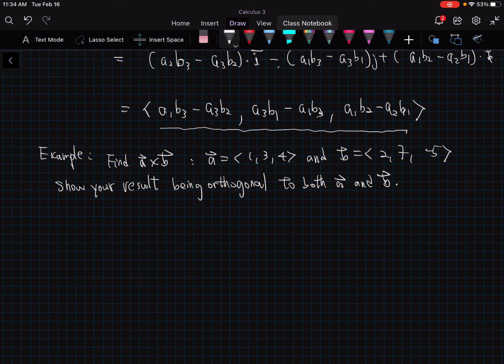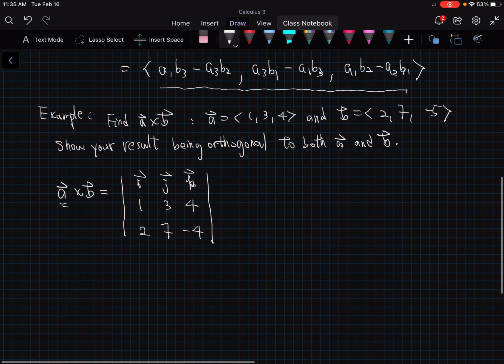So let's see, A cross B being, the word important, the first one has to be the second row. So it's I, J, K, then 1, 3, 4, and 2, 7, -5. So this equals, let's see, 3, 4, 7, -5. Remember this? You cross out these two, you get the first one.